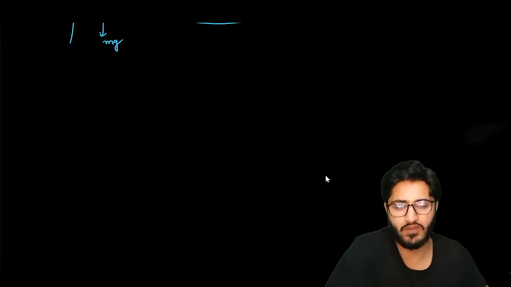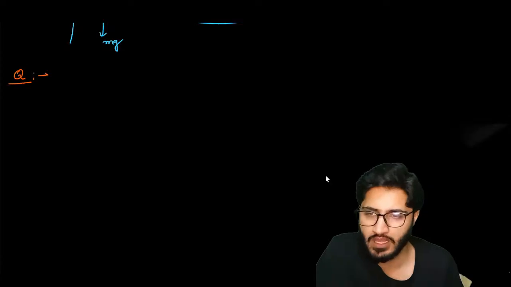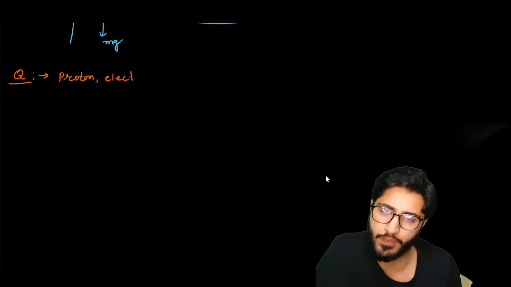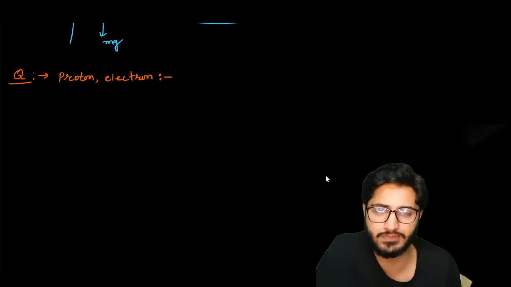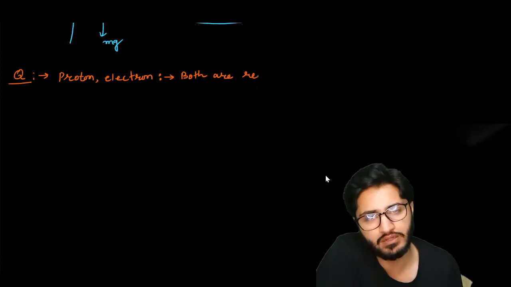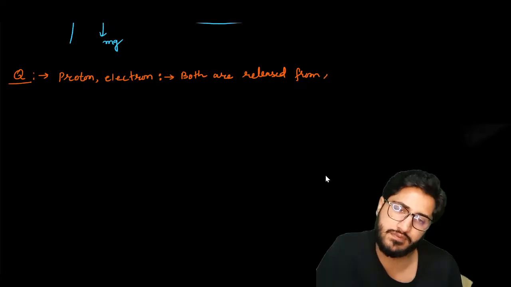Okay, we have a good numerical. We have a proton and an electron, two particles with different masses but the same charge magnitude, opposite in nature. Both are released from rest.